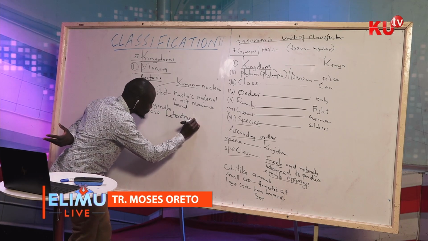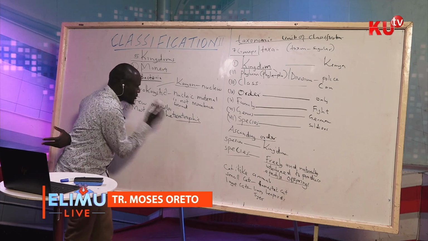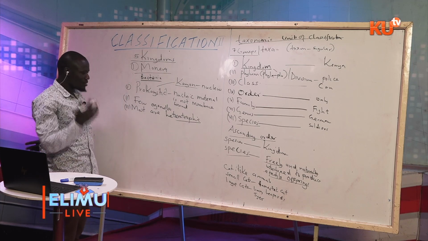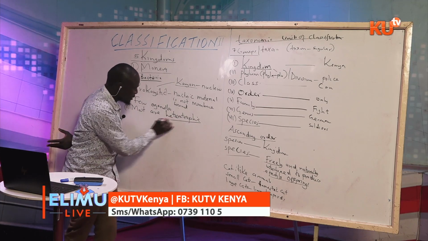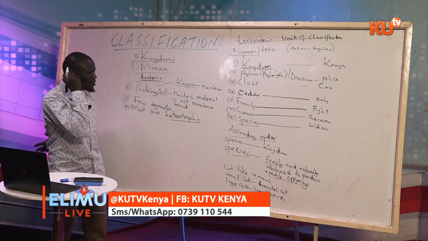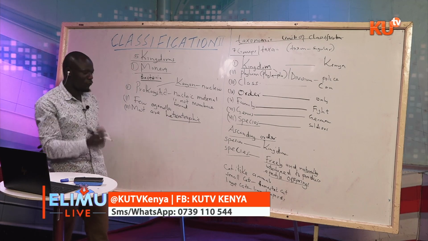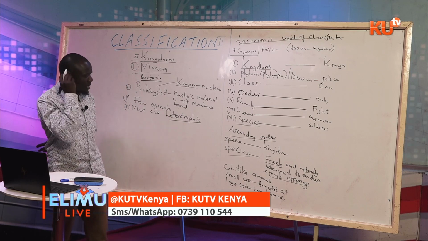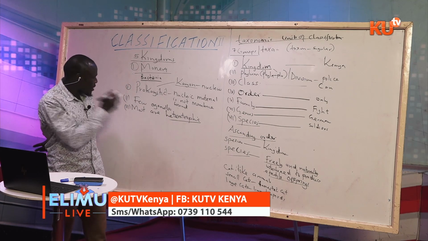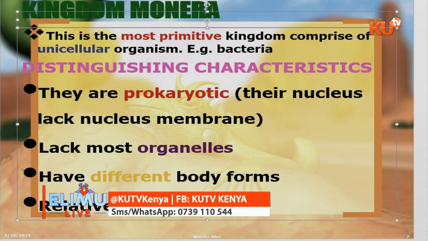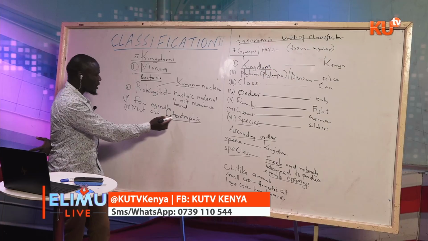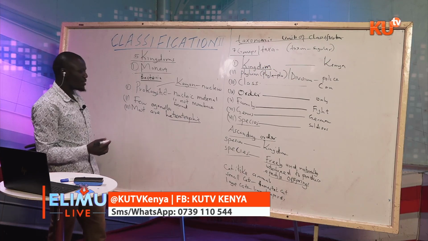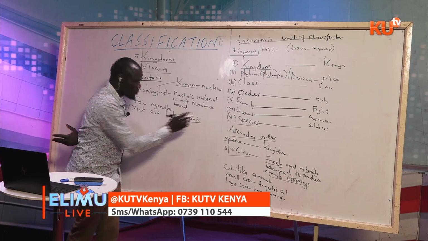What do I mean by being heterotrophic? When an organism is said to be heterotrophic, it simply means these organisms are not able to make their own food. That is something that we learned in Form 1, under nutrition. Some of them, not all, are not able to make their own food, and they depend on ready-made food.